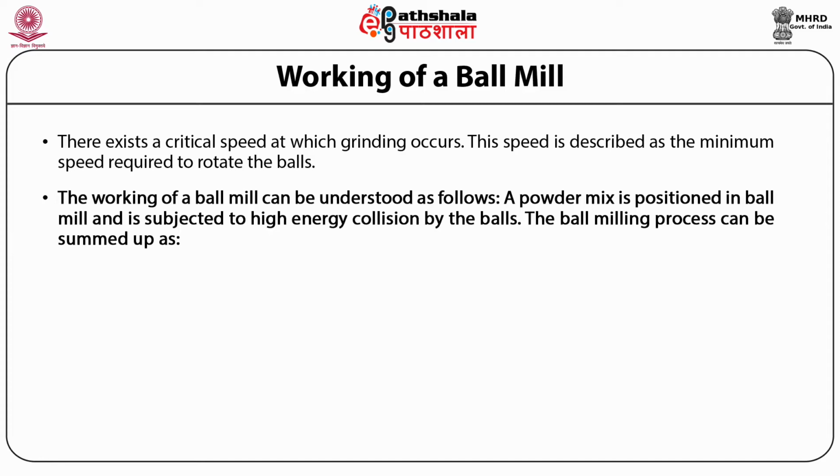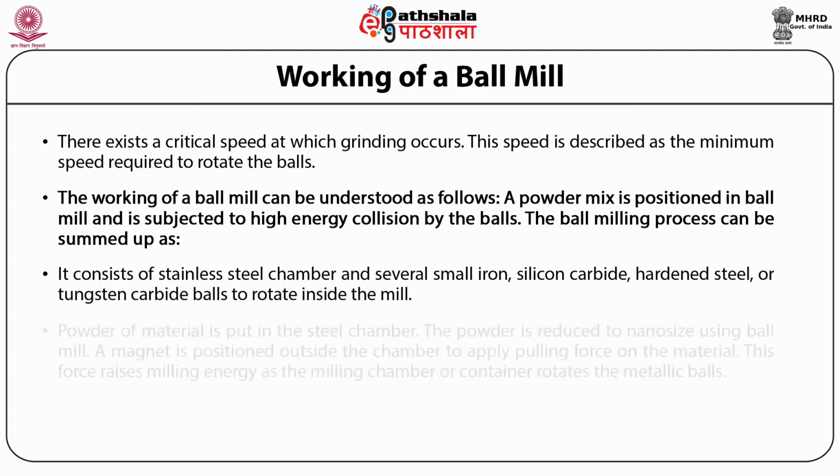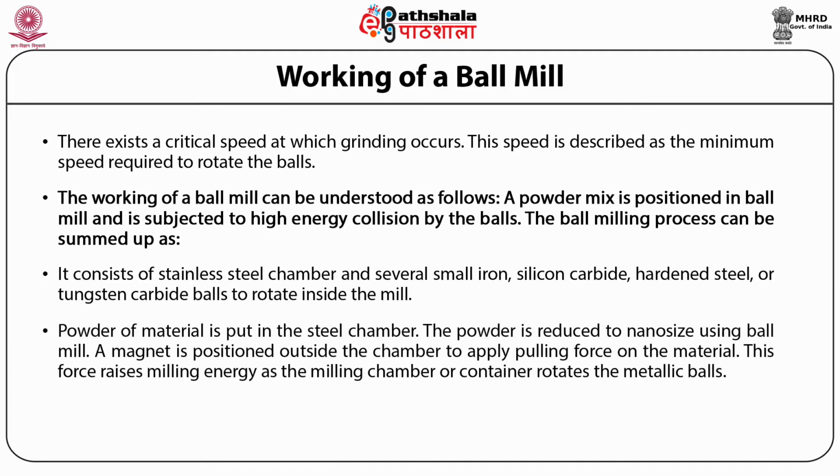The ball milling process can be summed up as follows. First, it consists of a stainless steel chamber and several small iron, silicon carbide, hardened steel or tungsten carbide balls to rotate inside the mill. Powder of the material is put in the steel chamber.